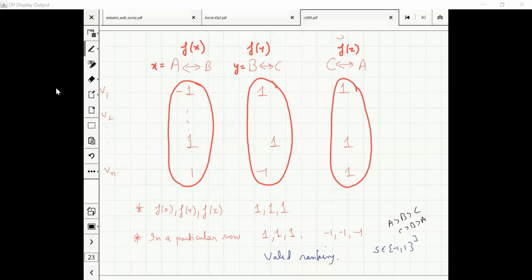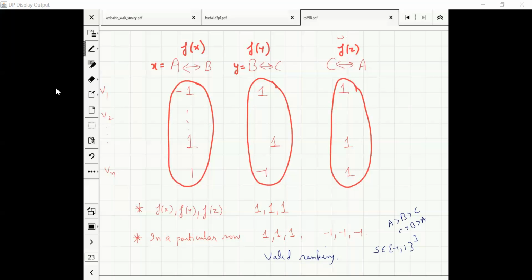And then we converted it to a string from {-1, 1} to the power 3. Is that okay? Should I explain it again? It's okay, right? So we are converting a ranking into a string of length 3.